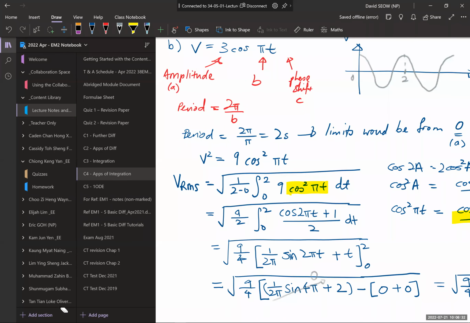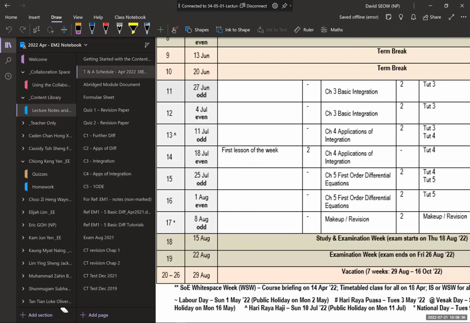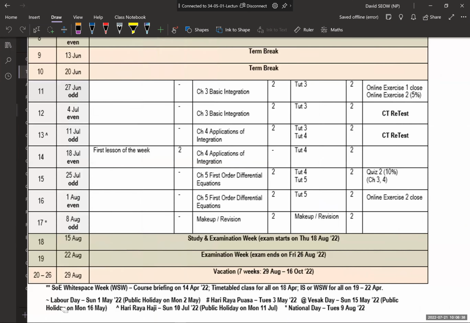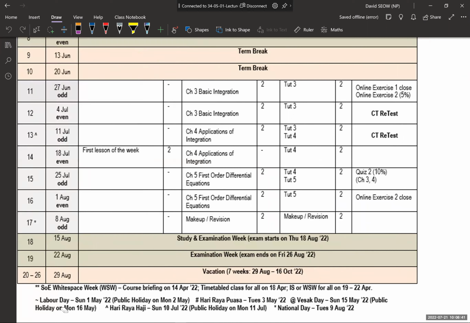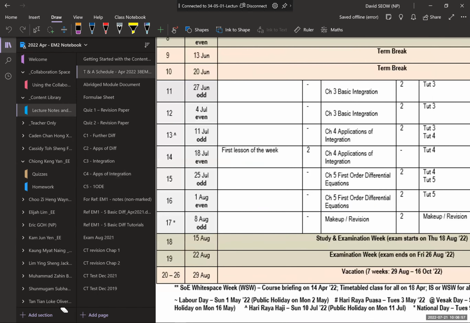Just let me see the schedule. Alright. So currently we are on the 18 July week. We are done with chapter 4 in terms of the theoretical concepts. So we need to look at the tutorial as well as some of the examples that I passed to you, right?